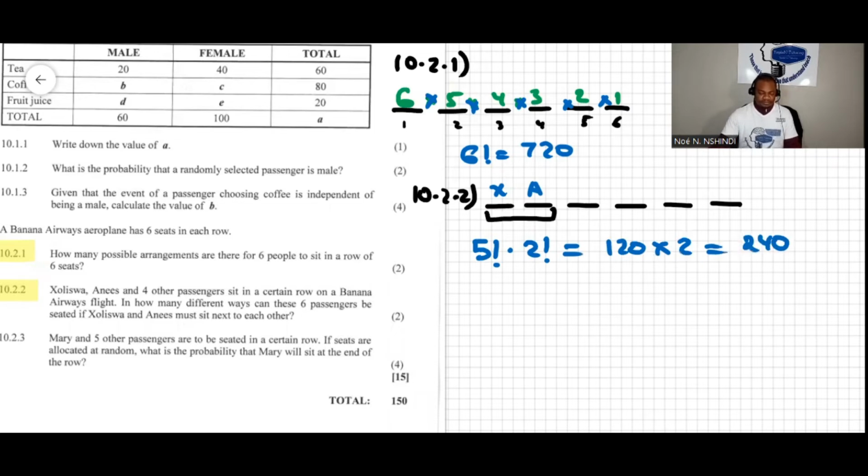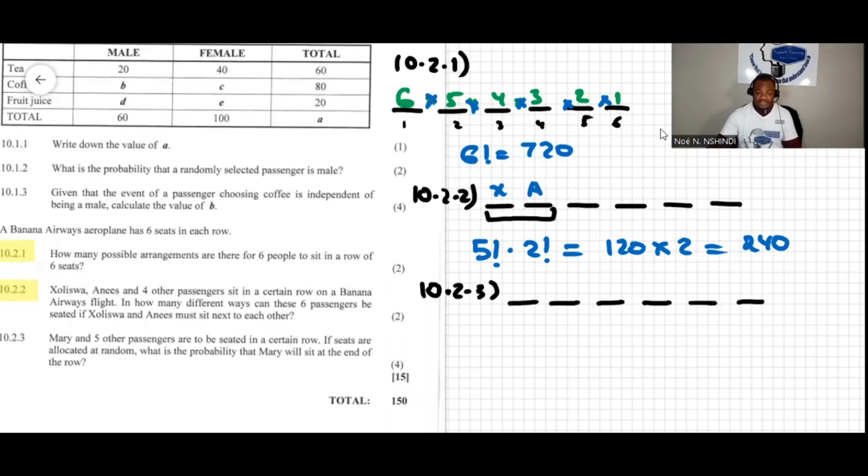Now, question 10.2.3. The question says, Mary and 5 other passengers are to be seated in a certain row. If seats are allocated at random, what is the probability that Mary will sit at the end of the row? Again, over here, we first put our places, 1, 2, 3, 4, 5, 6.